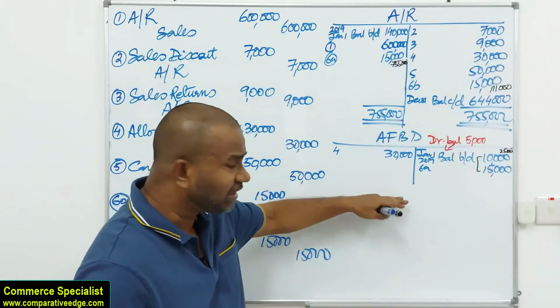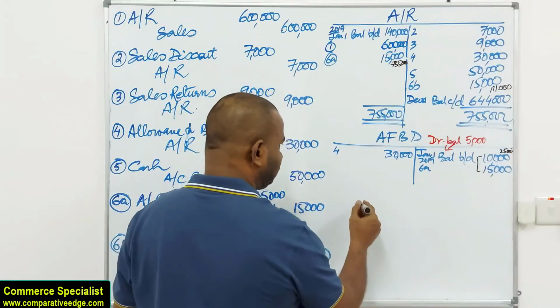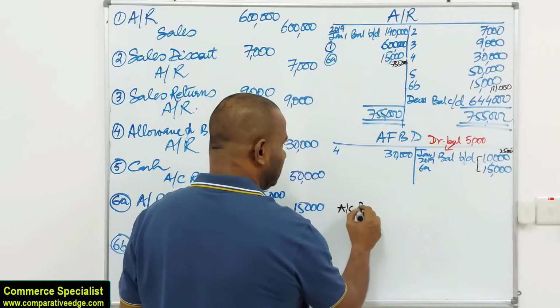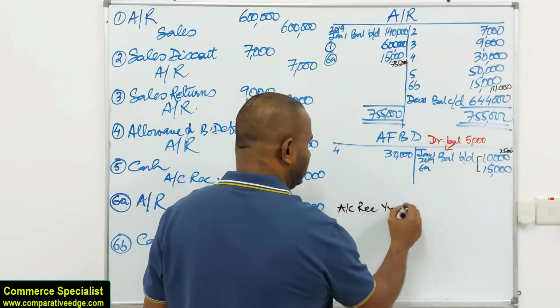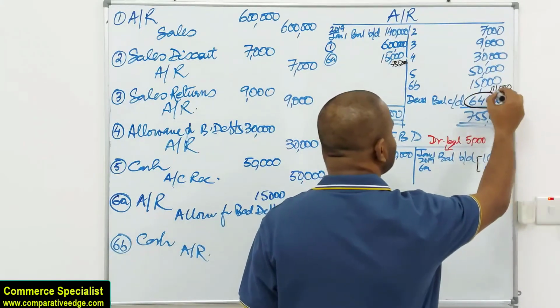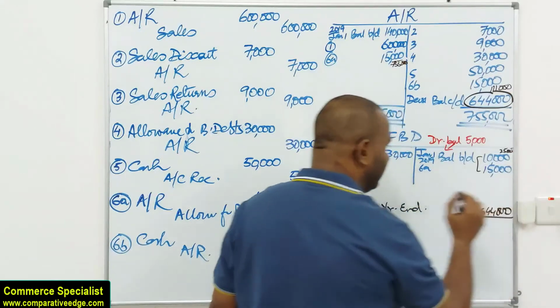So I'm not closing this T account. I'm going to the calculation of bad debts. Account receivable year-end balance, which we have just calculated here, 644,000. Drop a line here.